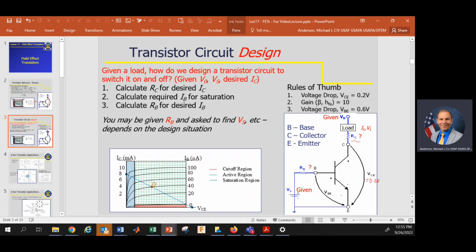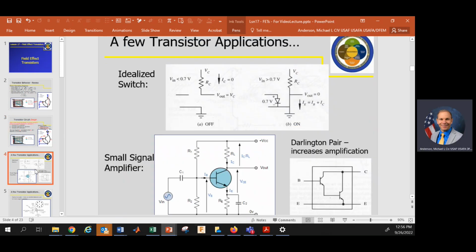Given that, we make an assumption about the gain, that it's 10, which it should be in the saturation region where these lines are smushed together here. That tells us what the current IB should be. Then, if we know the desired IB current, we can calculate the RB resistor using Ohm's law and the given base current.